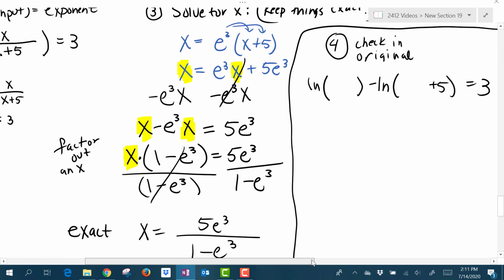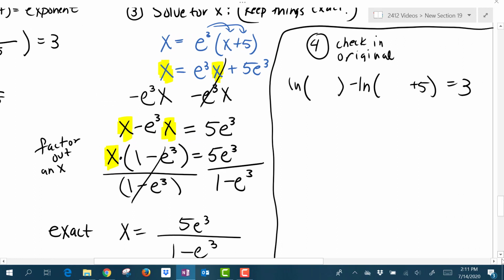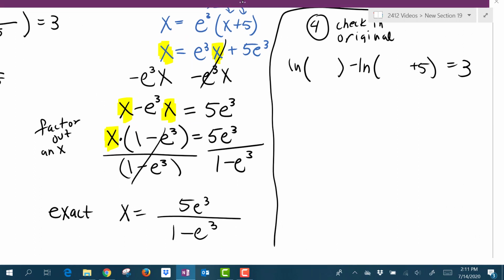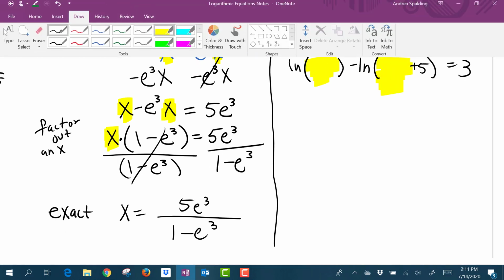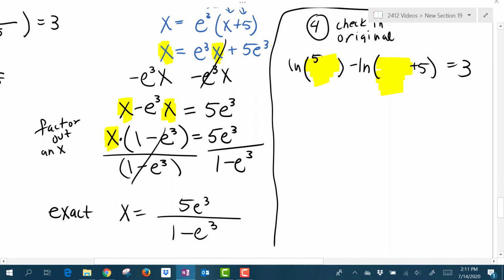Okay, so I have copied the equation here. Everywhere that I had an x before, I left a blank spot, and I'm going to type in my solution. Right, so I want to make sure that the overall value of that input is greater than 0.